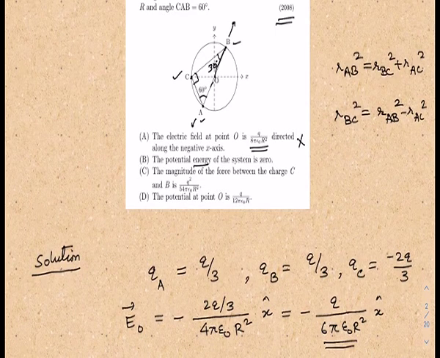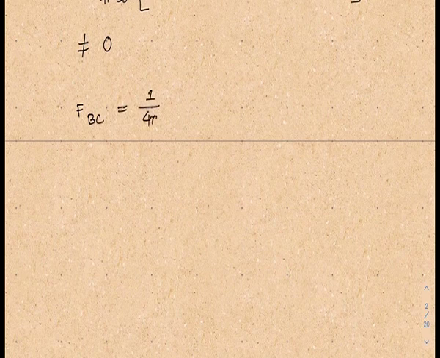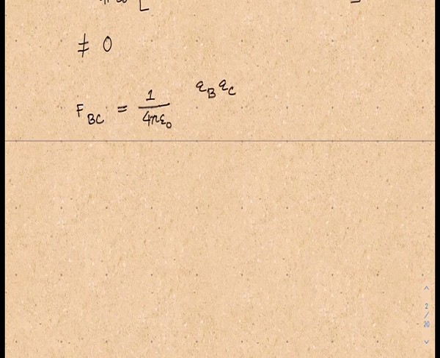Now come to option C, the magnitude of the force between the charges at C and B. Basically you have to find out the force between these two points. Magnitude-wise, it would be simply 1 by 4 pi epsilon 0 QB QC divided by the distance squared, which we have already worked out.